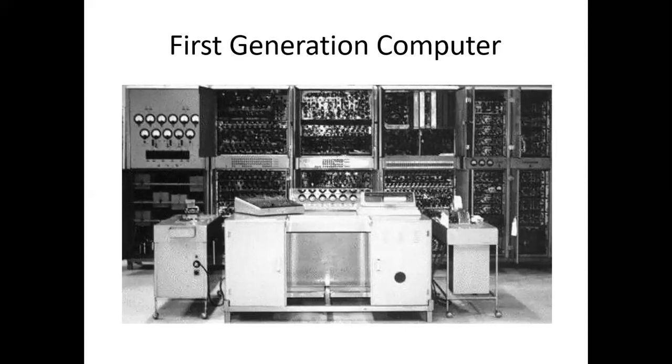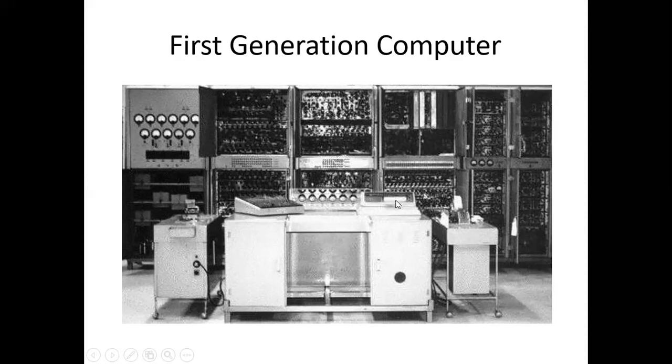This is an example that I got from Google when I was looking for an image of the first generation computer. So this entire machine you can see here is one computer with the input, which was entered somewhere here, and the output was issued somewhere.